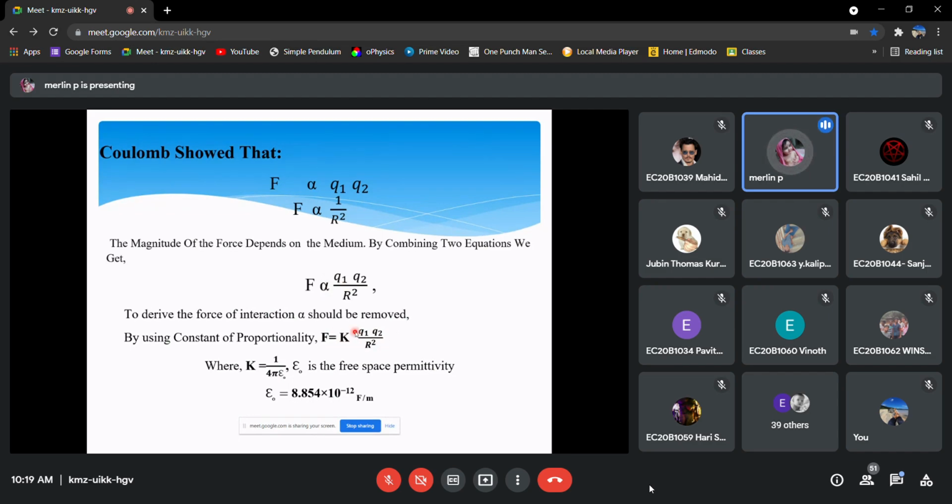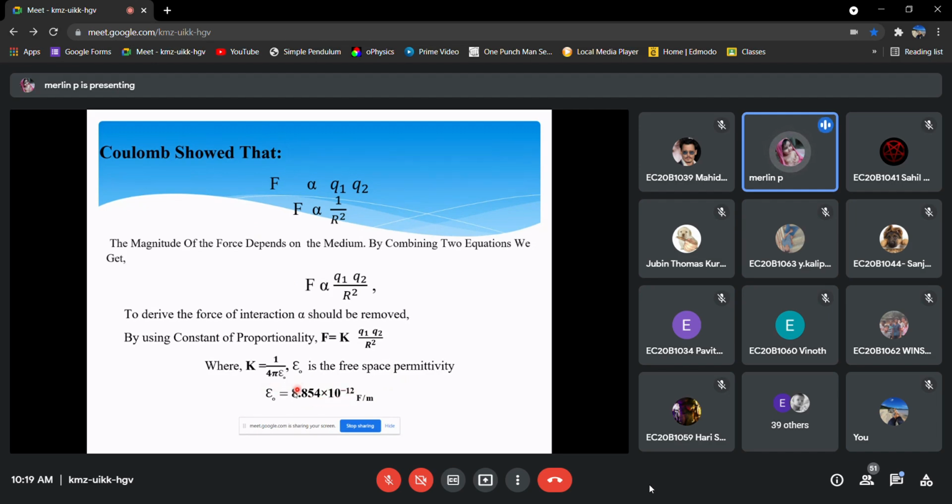The constant of proportionality depends on the free space permittivity. Free space permittivity means we are placing the charges in free space only, either in a room or outside, anywhere we place the charges. He gave the free space permittivity as 8.854 into 10 power minus 12.